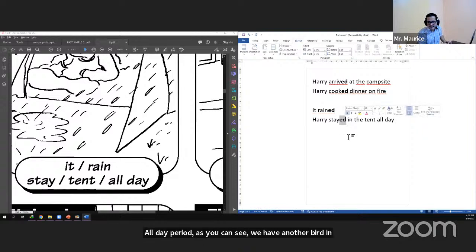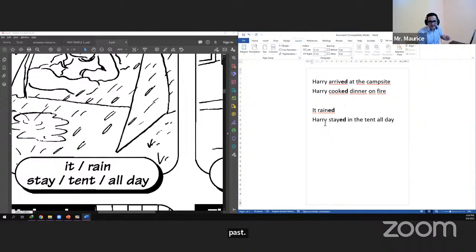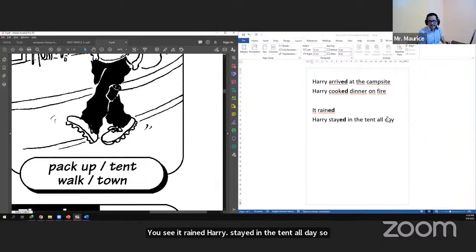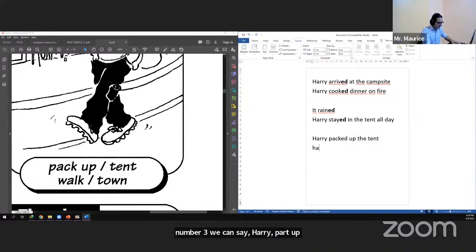You see? It rained. Harry stayed in the tent all day. So let's continue with the picture number 3. In the picture number 3, we can say Harry packed up the tent and Harry walked to the town.